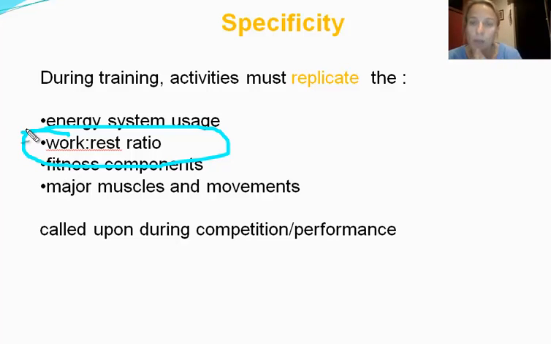If you are doing some interval training, you need to match the work to rest ratio to that of what you analysed in your sport. Remember, with netball, we discovered a 1 to 2 work to rest ratio. So when we do our long and medium interval training, we'll use a 1 to 2 work to rest ratio, because that we found was very specific to the netball centre that we analysed.